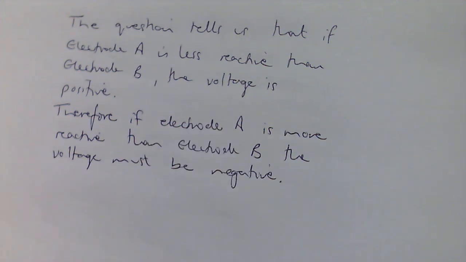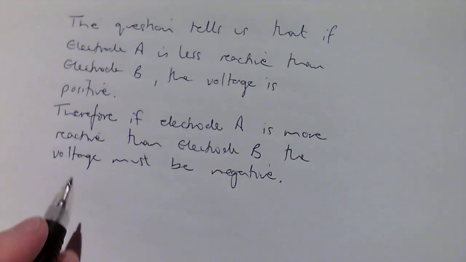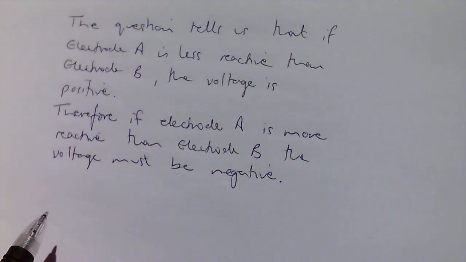So let's look at that again. The question tells us that if electrode A is less reactive than electrode B, or I should say the metal that makes electrode A is less reactive than the metal that makes electrode B, the voltage is positive, and therefore if electrode A is more reactive than electrode B, the voltage must be negative.